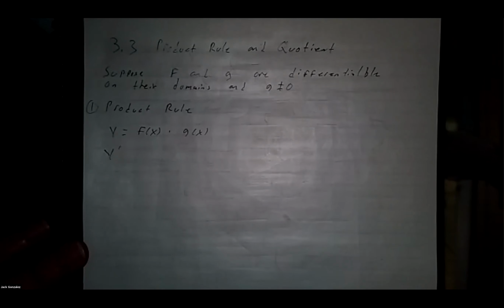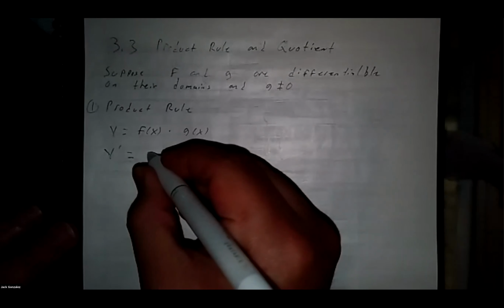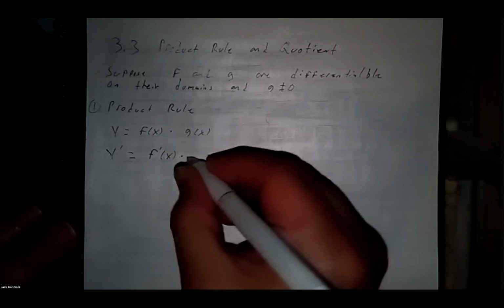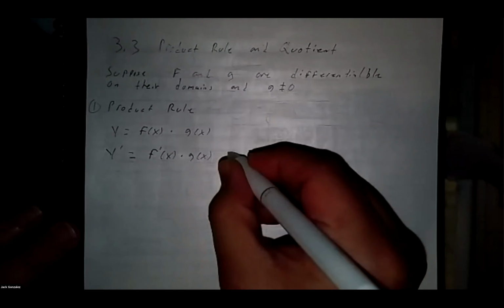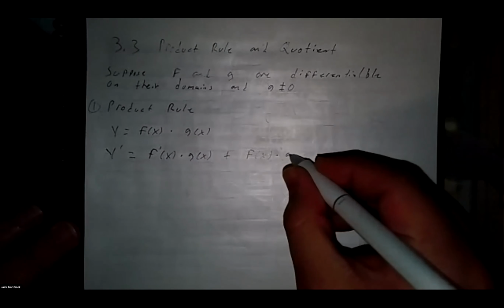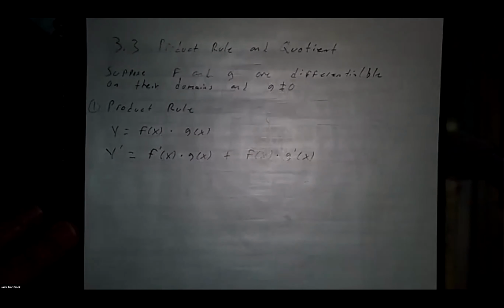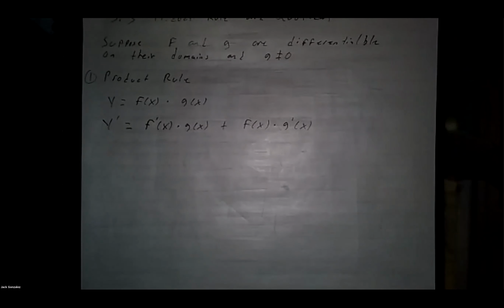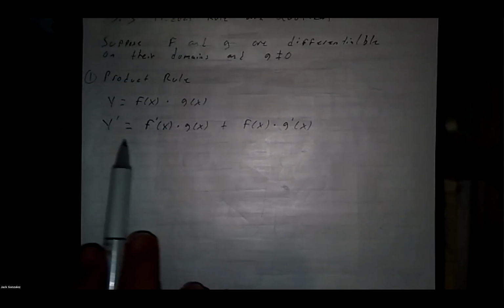We've been talking about that. y prime would be equal to the derivative of the first function times g plus the first function times the derivative of the second function. Okay, it's always going to be this way. So if you have two functions that are multiplied together, like for example, x times e^x, we'll have to use this formula.